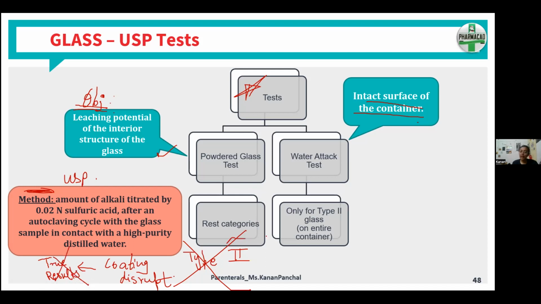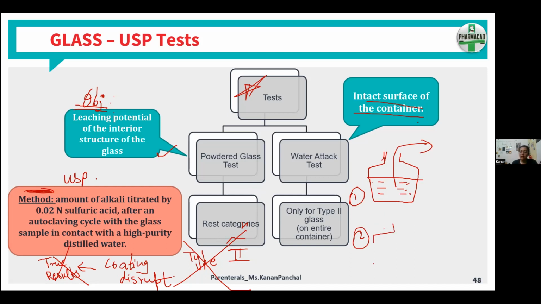So for type 2 you do water attack test. What you do is you take the type 2 container, fill in your formulation, and then you test the formulation, whether anything has leached into it. This is one step.